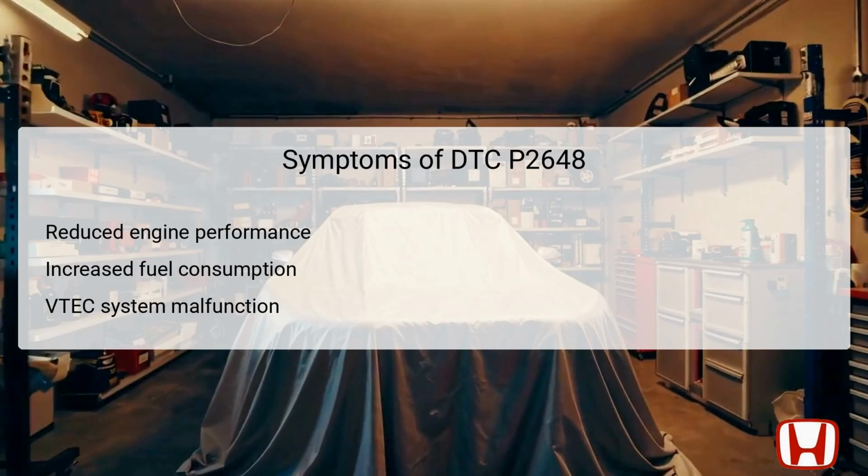Additionally, increased fuel consumption may be noted as the engine struggles to maintain efficiency, which can lead to higher operational costs. Drivers may also observe irregular engine behavior, including unusual noises or vibrations, particularly when the VTEC system is supposed to engage. These symptoms can impact the driving experience and indicate a need for immediate diagnostic troubleshooting to prevent further damage to the engine and associated components.